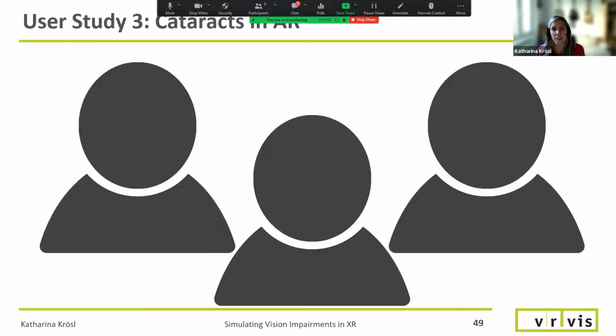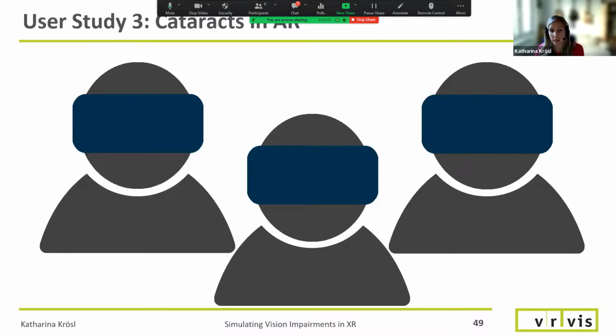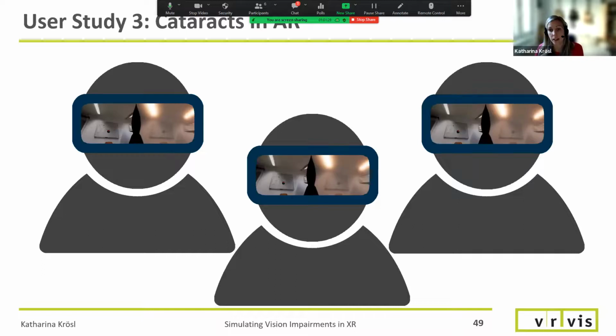And since patients often get surgery on their second eye a few days or weeks after their first operation, there is actually a very limited time frame in which they are uniquely qualified to evaluate our simulation by looking at a simulated cataract with their corrected eye and comparing it to their vision with their still cataract-afflicted eye when viewing the unmodified AR video stream.